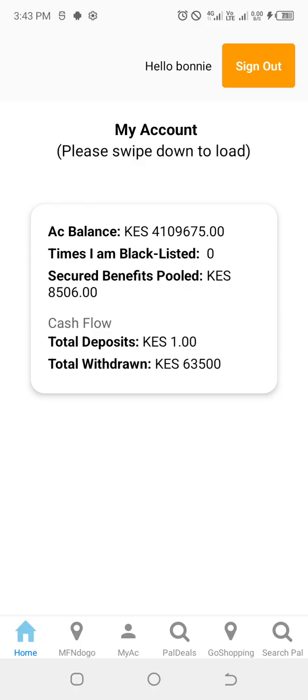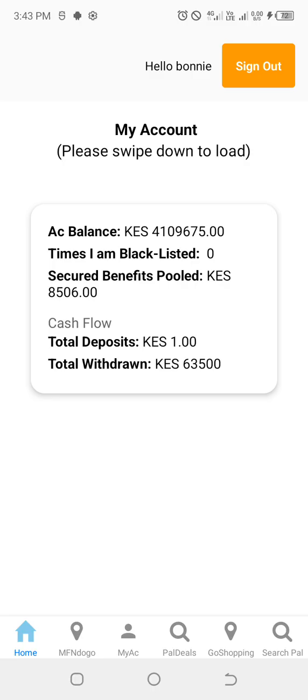So members can now, once they pool these funds, the secured benefits pools, come to MiFedha and send funds from this account of secured benefits pooled to the product creator's account, and the beneficiary can just go and pick her tank or his tank, or go for the title deed of the parcel of land, or enjoy an insurance policy, or a hospital bill is footed.